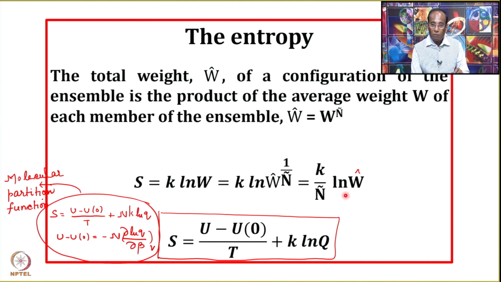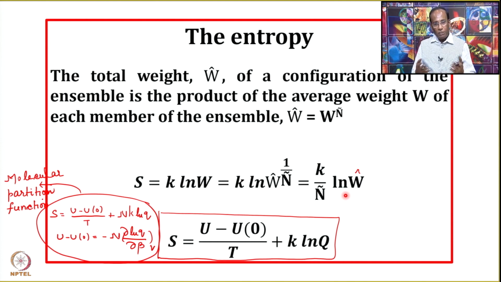In the case of molecular partition function, I highlighted that log W, which is equal to n log n minus summation ni log ni, will be very important. Similarly here, when you expand this log W in terms of n log n minus summation ni log ni, you will be talking about the number of members of the ensemble which are there in the ith state.